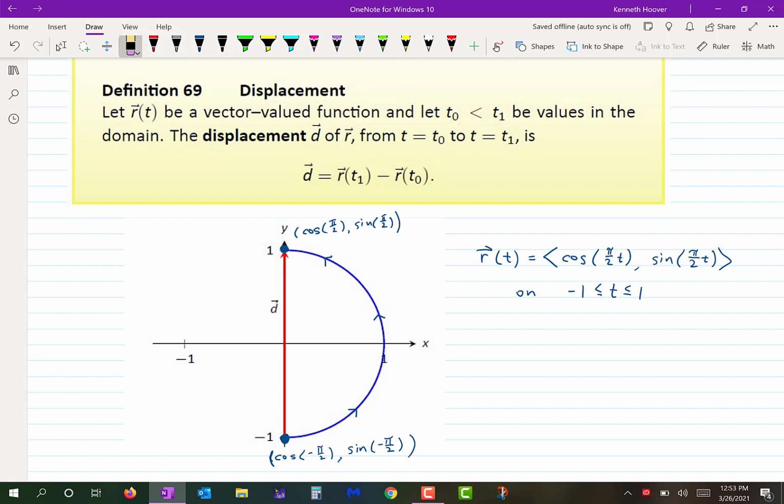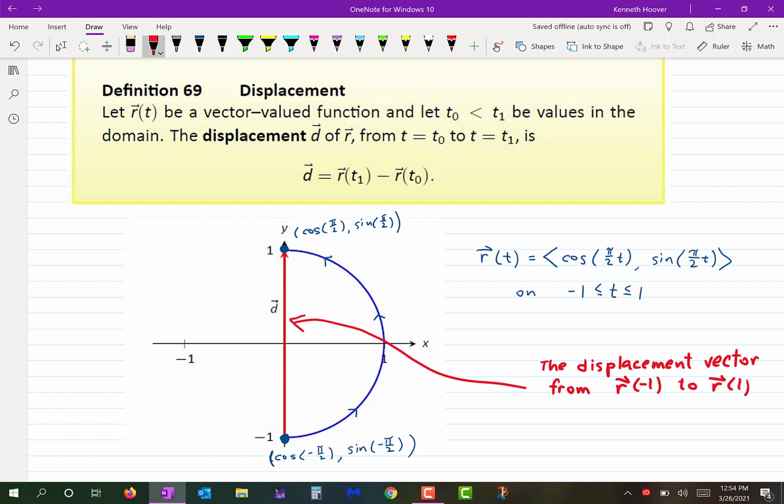Okay, now, what is the red vector? The red vector is the displacement vector from r of -1 to r of 1.